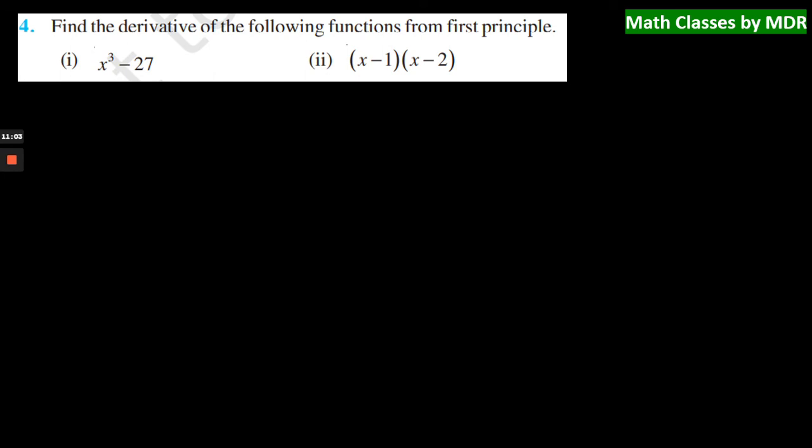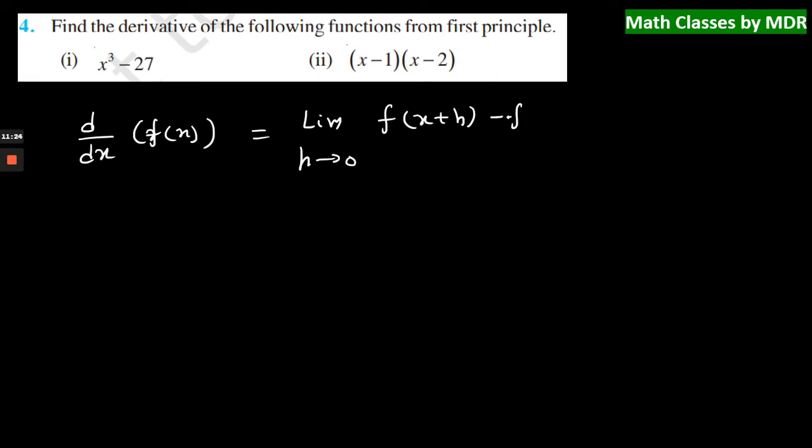Find the derivative of the following function from the first principles. So we have to use the first principles here. What is the formula for the first principles? If you want to find out f prime x, that is d by dx of f of x, what to write? Limit h tends to 0, f of x plus h minus f of x by h.